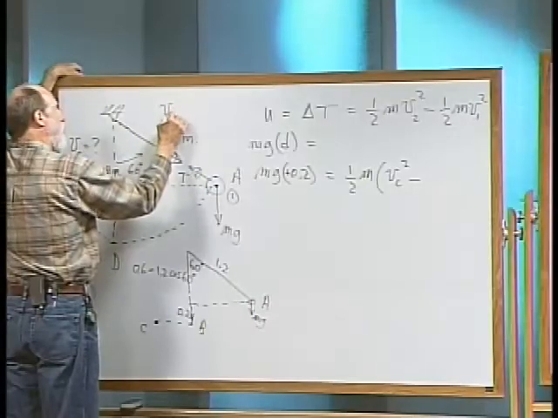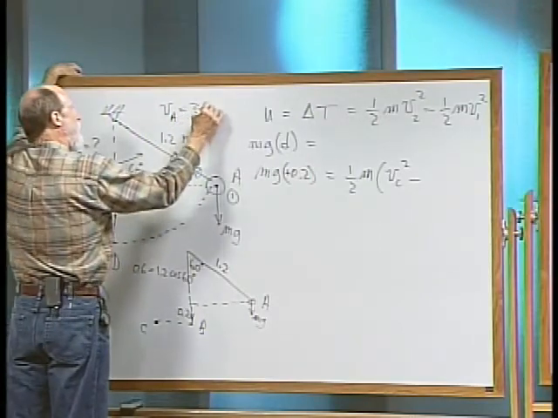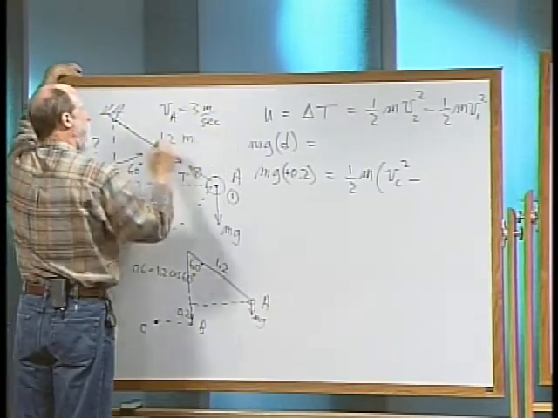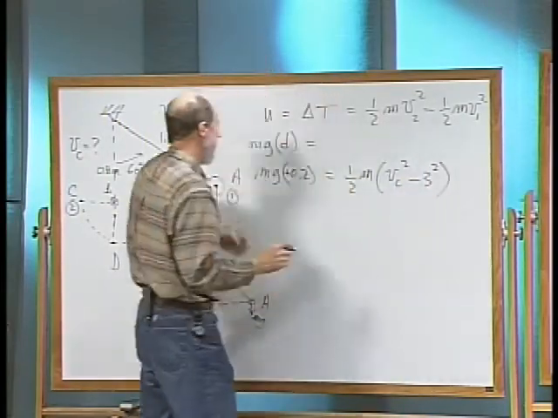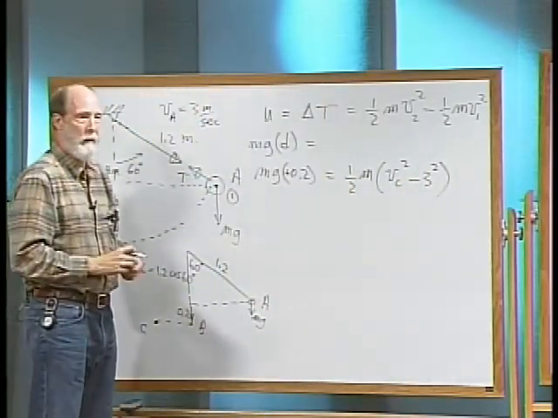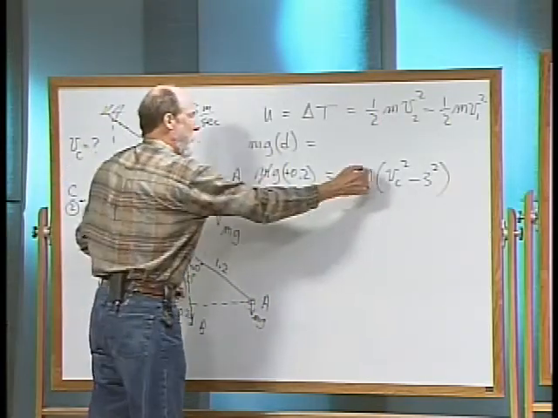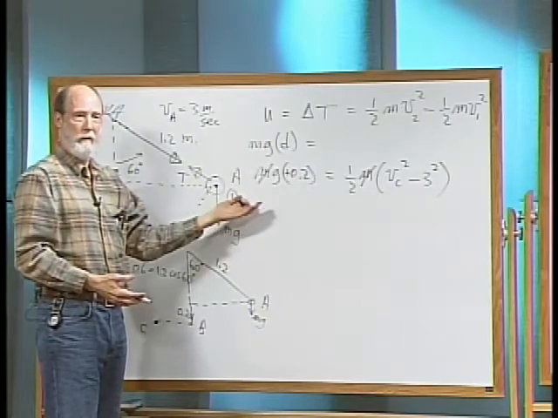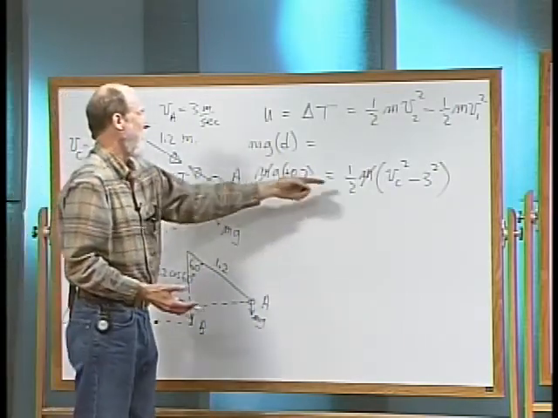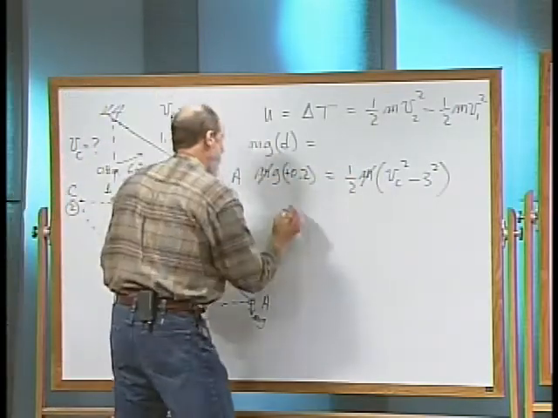So I'll put that here. V sub A is 3 meters per second. So here's our equation. So you notice that the mass divides out. This problem then is independent of the mass of the particle. And we then solve for Vc.